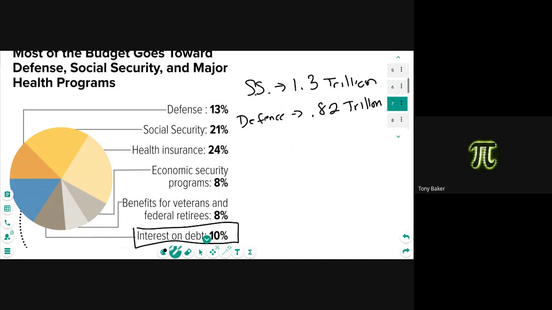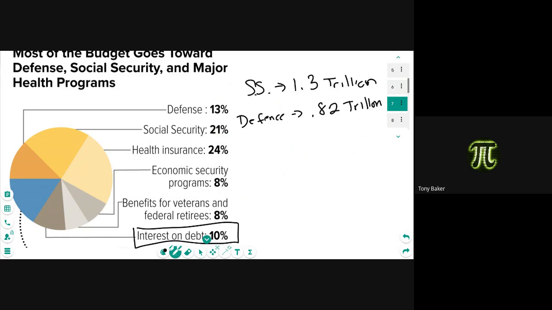That $35 trillion national debt, that's what all that interest is covering. That's going to keep going up. That's taking up a larger and larger portion of our budget every year, which means less money to spend on other things.